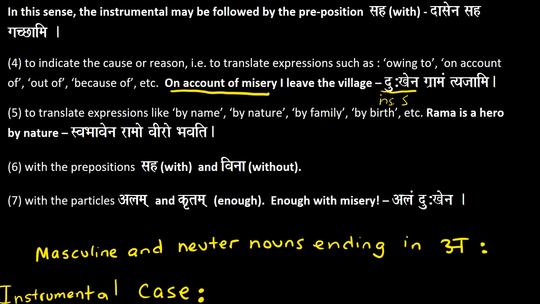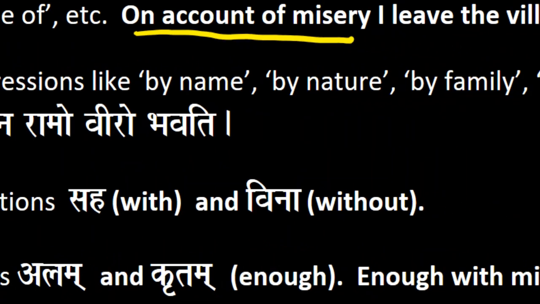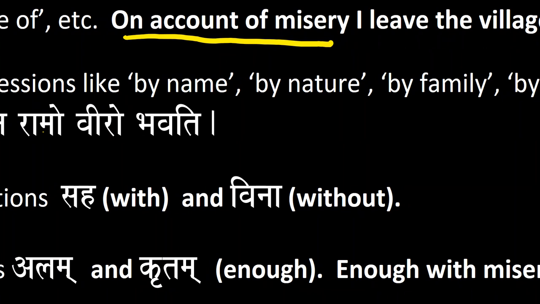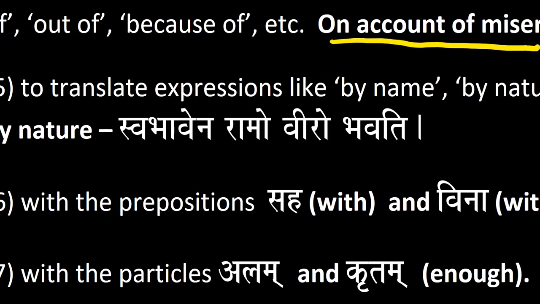Okay. Number 5, the instrumental case is used to translate expressions like by name, by nature, by family, by birth, etc. Rama is a hero by nature is the example sentence. We already translated Rama is a hero several times, and it would just be Ramo Viro Bhavati. And notice that it was Ramaha Viraha Bhavati, but because of Sandhi rules, they changed to Ramo Viro.